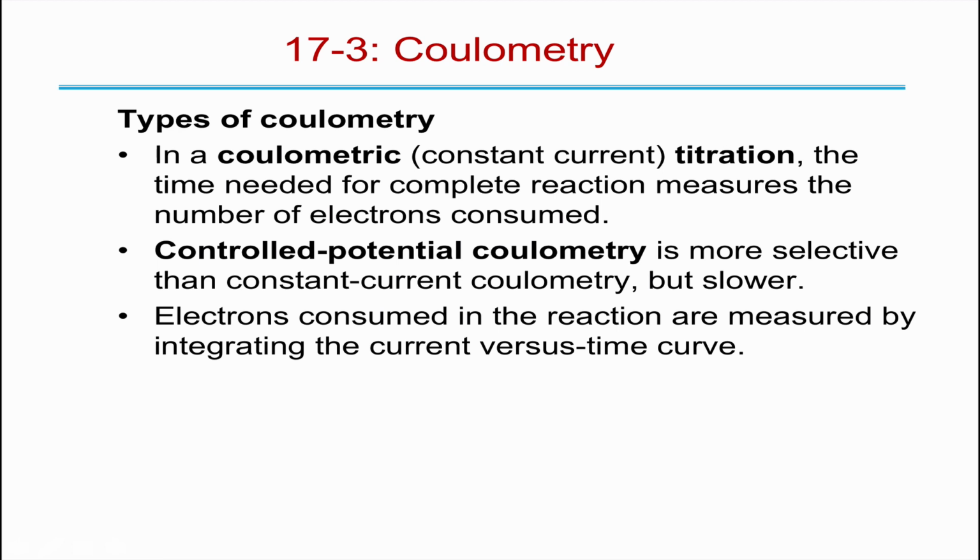And then we integrate the current versus time. This method is slower, but much more selective. So in either case, the electrons that are consumed are measured over the course of the reaction. That's it. That gives us an introduction to coulometry.